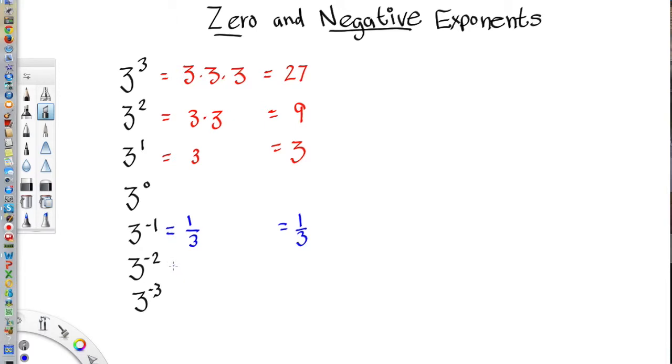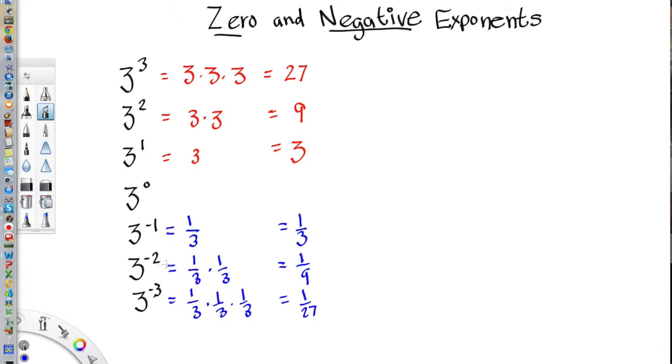Okay. Then 3 to the negative second power would be 1/3 times 1/3, which is 1/9. And then 3 to the negative third power would be 1/3 times 1/3 times 1/3, which is 1/27.